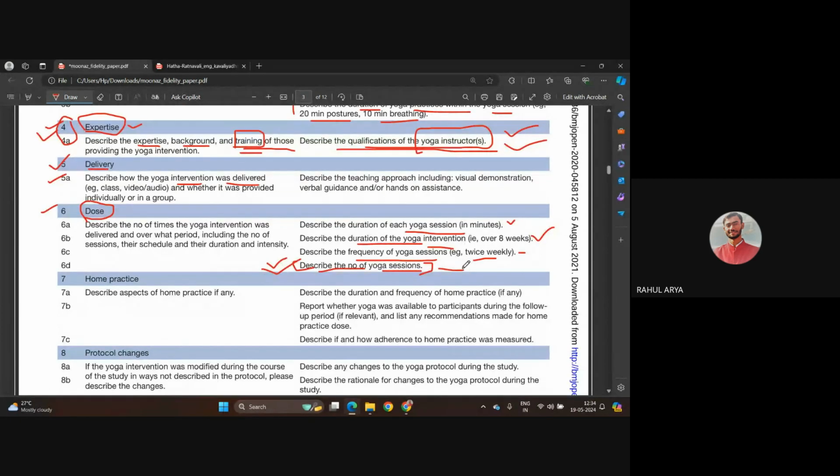Yes, please. Maybe the number of yoga sessions impacts the result outcome. No. Think practically. What happened practically?